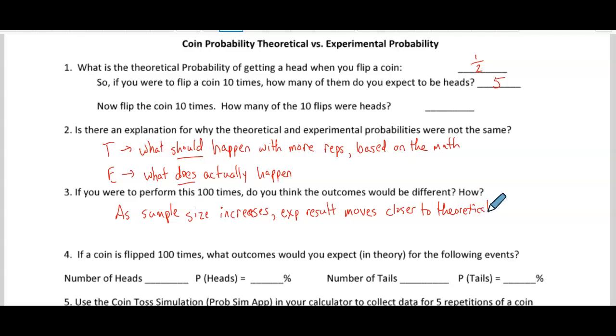So if you were to flip it hundreds of times, we would expect it to get closer and closer to half of the flips landing on heads. But if we only do it 5 times or 10 times, then we have a lot of variation there.